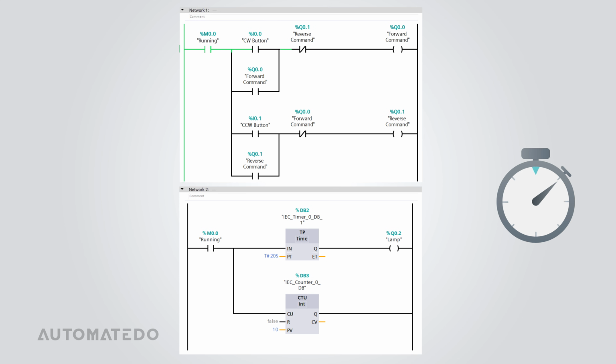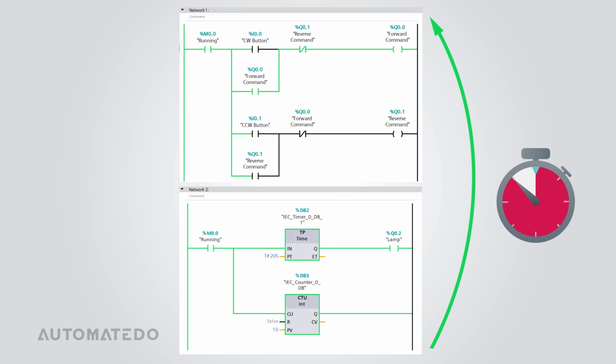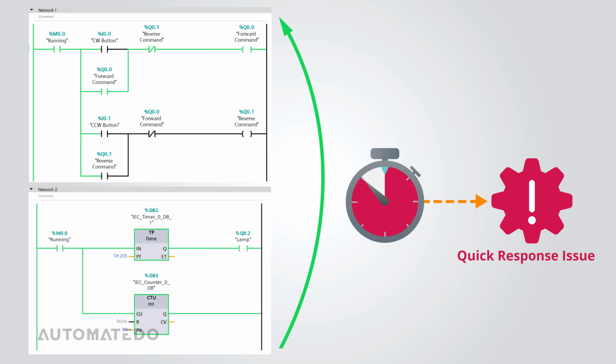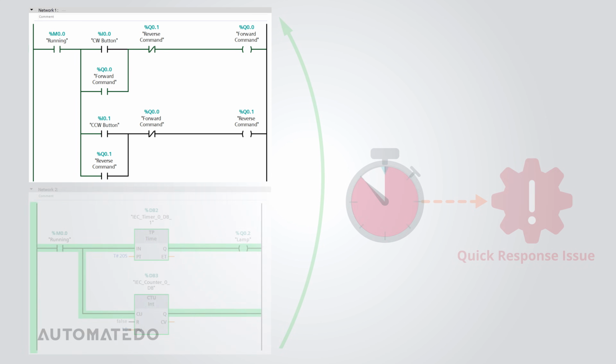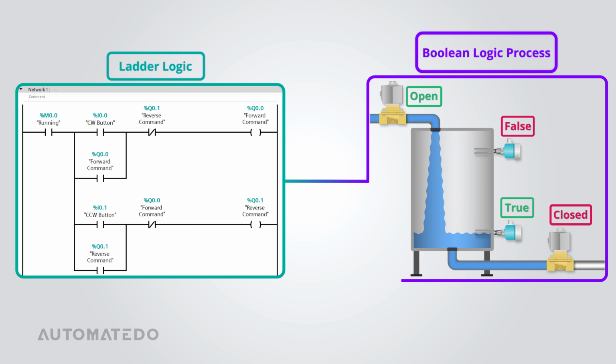Due to the sequential nature of ladder logic execution, time-sensitive tasks might experience delays. Such delays might be an issue for systems that need quick or real-time responses. For systems that manage extensive and complex Boolean logic, ladder diagram emerges as a premier programming language renowned for its precision and suitability in such intricate scenarios.